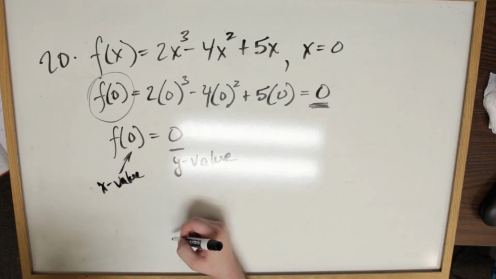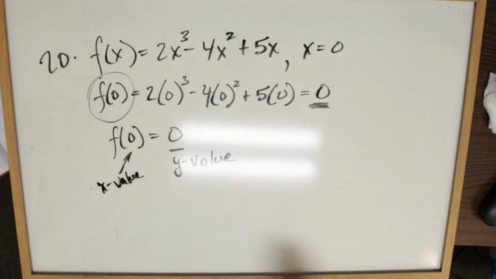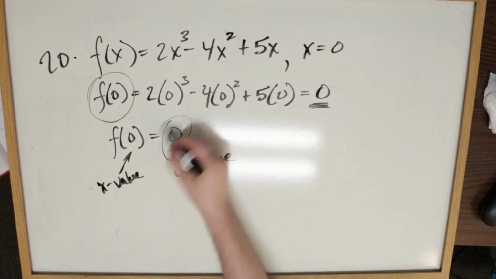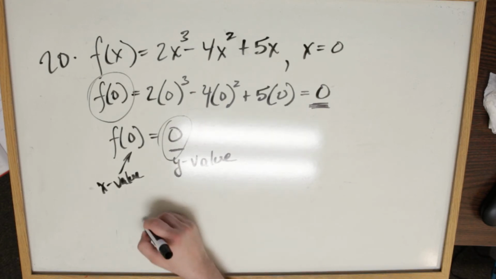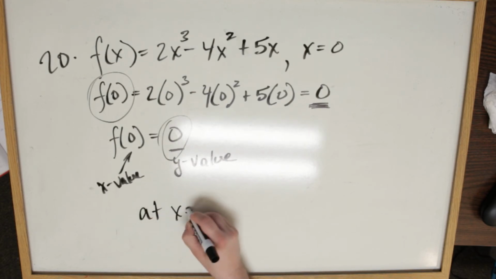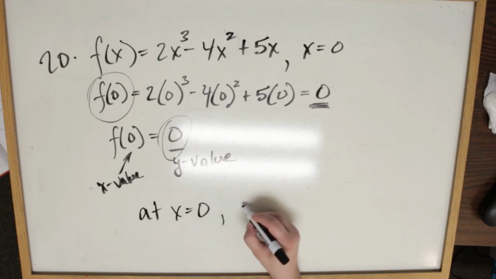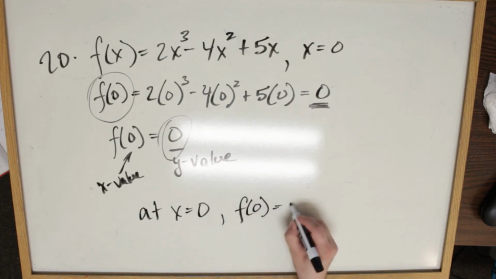We're looking to determine whether or not this is a root or 0 of the function. Because the y value is 0, that means it is a 0 of the function. So at x equals 0, f of 0 equals 0.